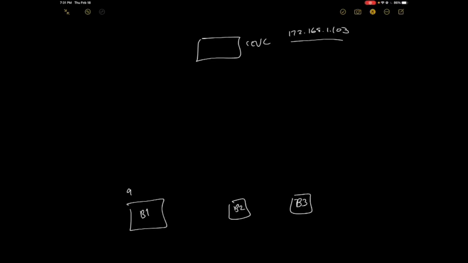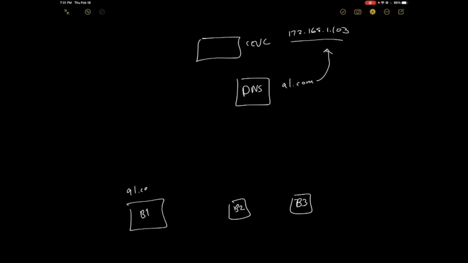We want them to know how to connect to this CNC server. So we'll have some DNS server here, and this DNS server will have some mapping. So maybe we'll say a1.com maps to this IP address here, which is the IP address of the CNC server.